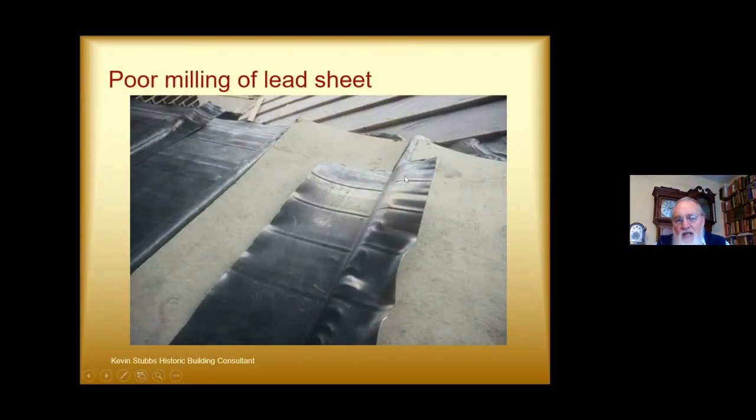This code 8 sheet lead, it was brought in as code 8, and in places was down to code 4 because the tension on the rollers in the milling process hadn't been consistent. And so this was, in those days, about 15,000 pounds of lead that went back into the melting pot. Fortunately, they hadn't done very much of this lead flat roof.